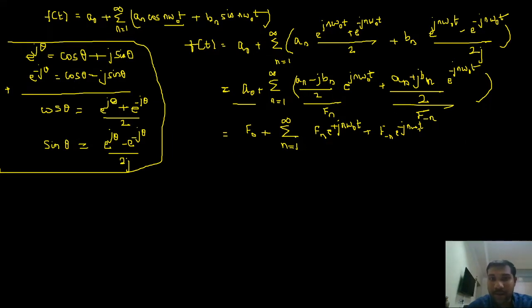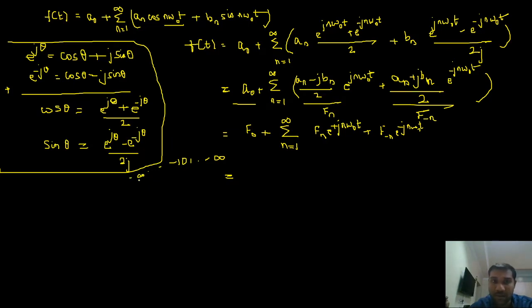So that means I can write it as, here I have f₀, here I'll get f₁ to f infinity, and with this one I'll get f₋₁ to f minus infinity. So what can I write when I combine everything? 0 is there, 1 to infinity is there in this term, and minus 1 to minus infinity is also there in this term.